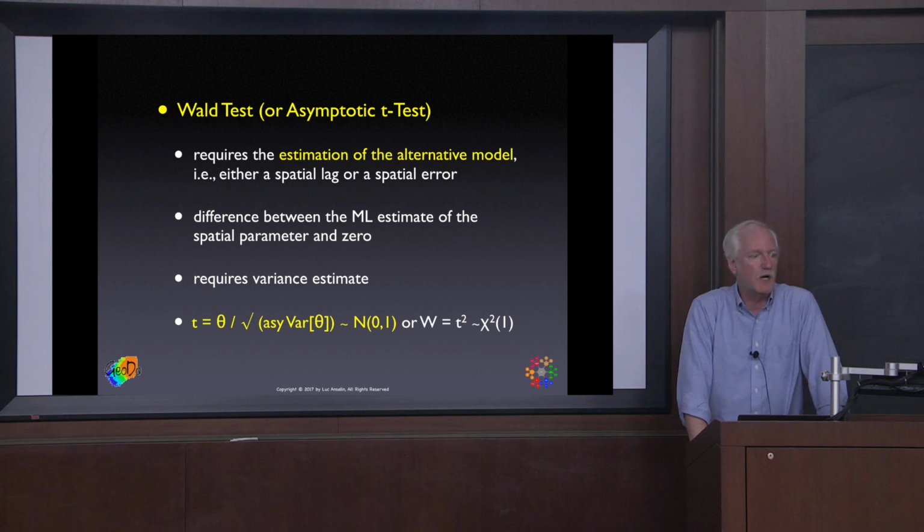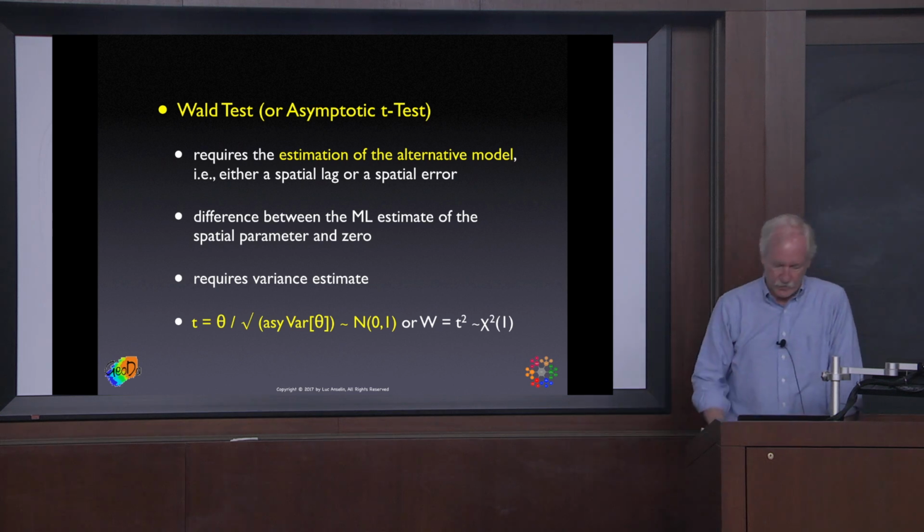We have its asymptotic standard error, and then we just divide the estimate by its asymptotic standard error, and that is, asymptotically in the limit, a standard normal distribution. Or in the classic case, the thing that is called the Wald test is the square. And the square of a standard normal is a chi-square with 1 degree of freedom. So you all know how to do this.